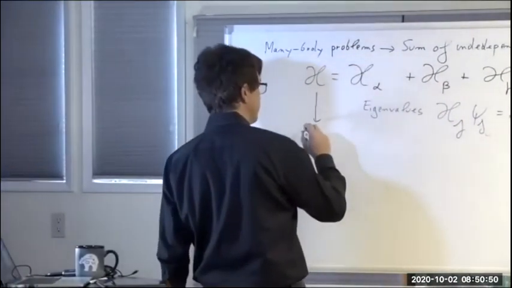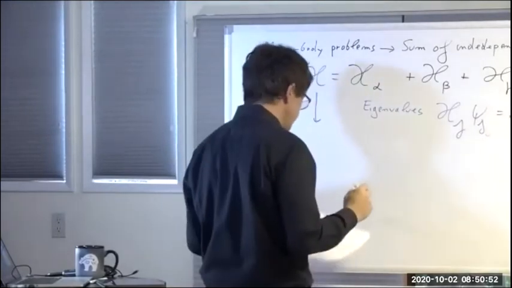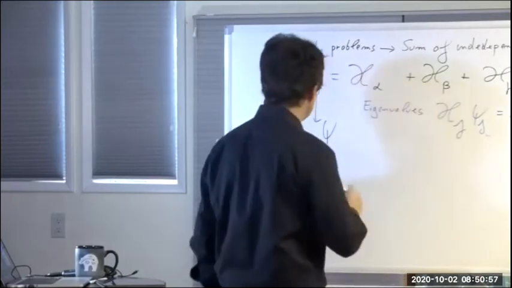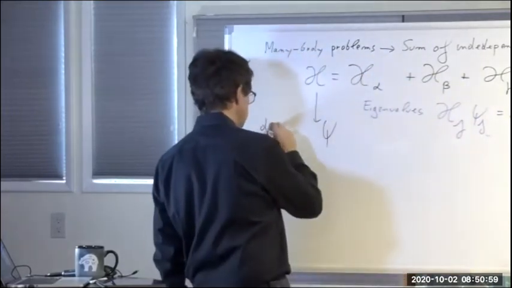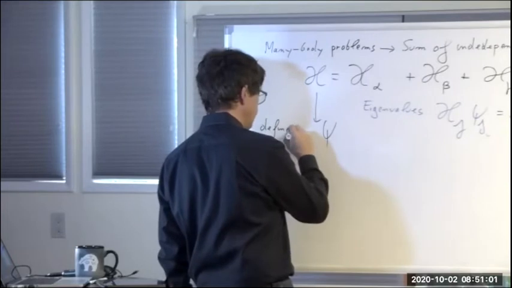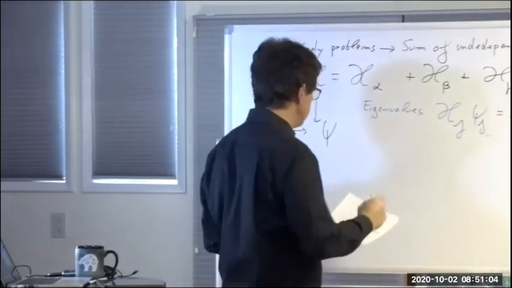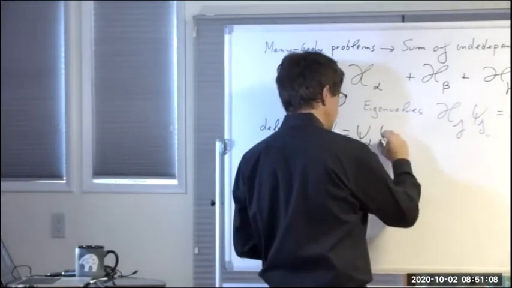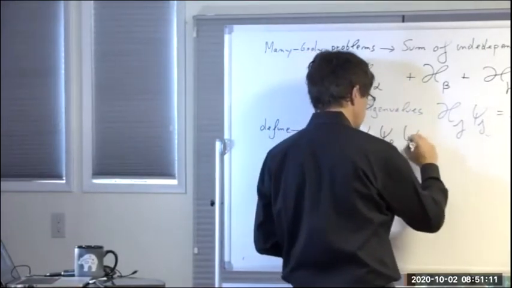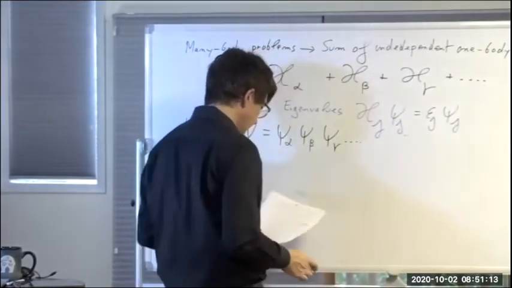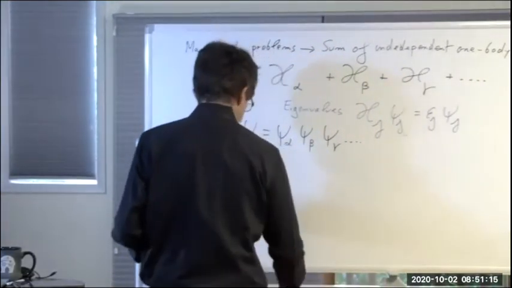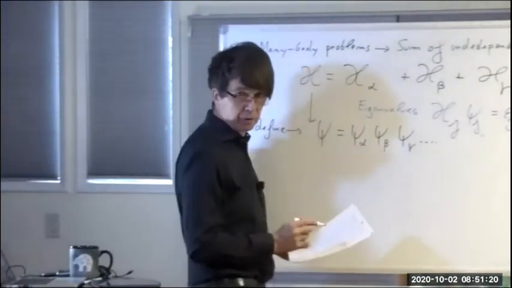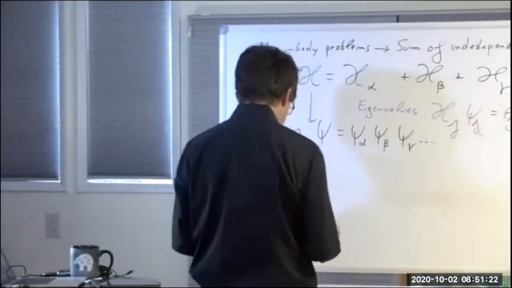Because for a simple mathematical reason, if I take as a wave function psi for the total system, I really shouldn't call this defined, but I'm going to. The assumption: I write it as the product of the single particle wave functions. Then I'll show you that psi is an eigenstate of the full Hamiltonian and that I know the eigenvalues of that.